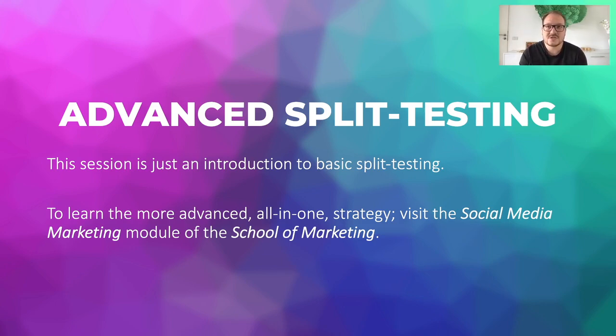And just as a foreword from me, all in one saves you so much time, but you also have to scale your budget significantly. Whereas with this strategy you're just doing 2 or 3 or 4 times your budget depending on the amount of variables, you're going to see exponential growth in the budget you apply to an all-in-one split test via the advanced split testing, because you're going to be running 4 audiences with 4 different ads at the same time.